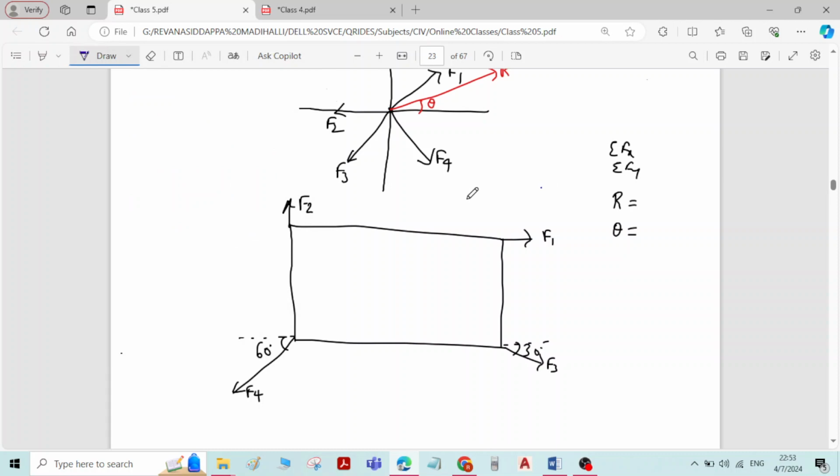The position of the resultant may be here, or it may be like this here. So in the case of a coplanar non-concurrent system of forces, the position of the resultant force will not be known.